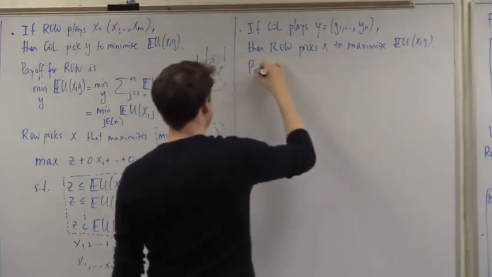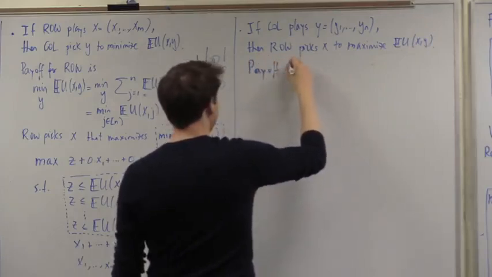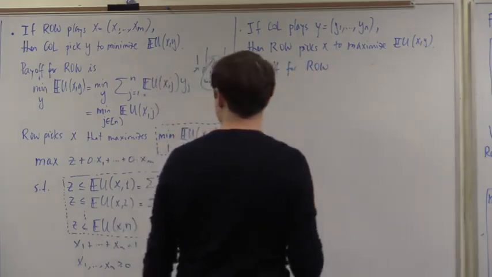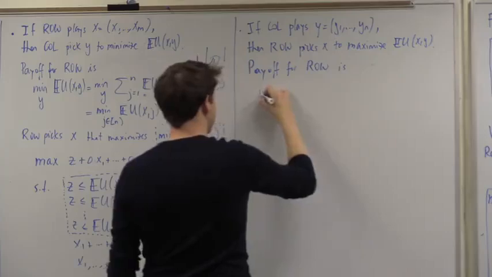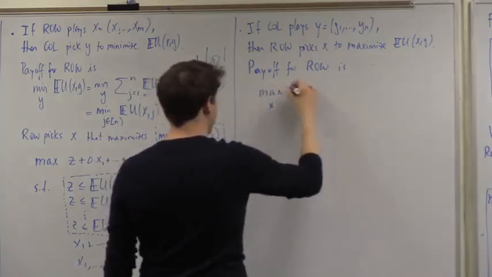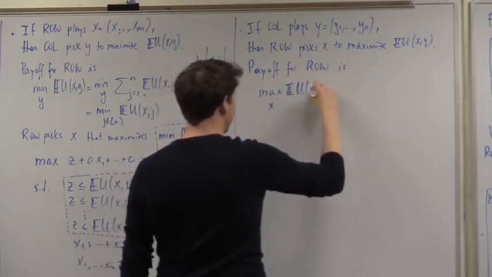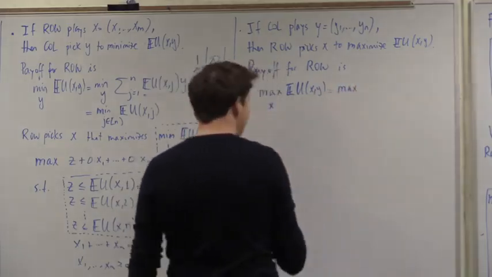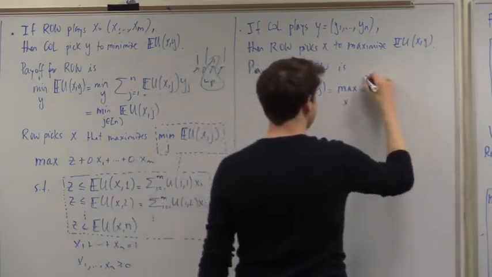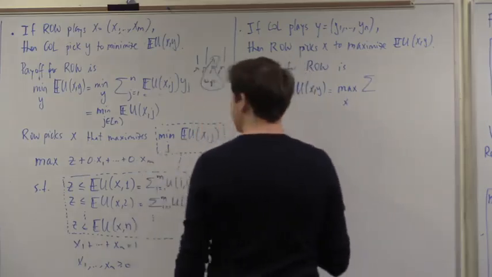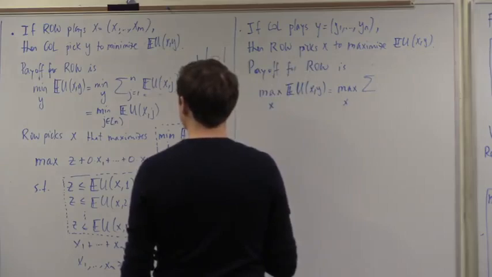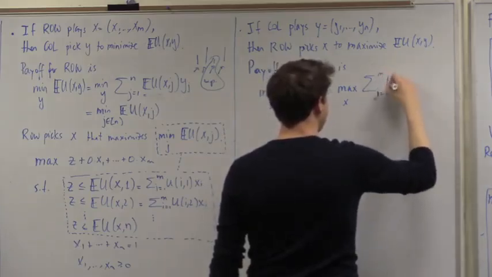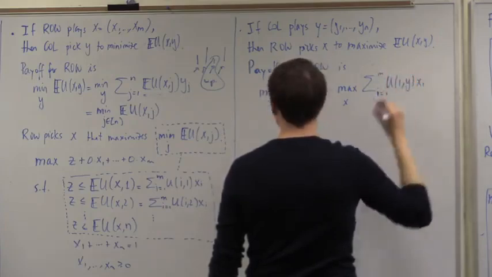So the payoff for, again, row, since we're always taking the perspective of the row player, is the maximum over x of the expectation of the utility over x and y, which is the maximum over x of the sum over i equals 1 to m of u i y, xi.